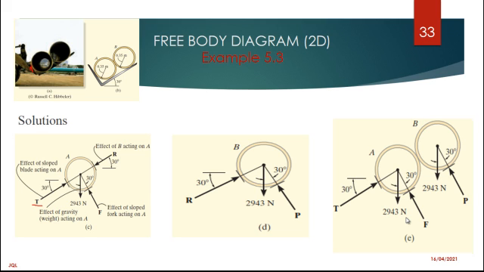That R is coming from this other pipe, which is that reaction. And that F is this support here. And of course, there's another support, which is a P. And let us not forget about the self-weight. That is how you draw the free body diagrams.